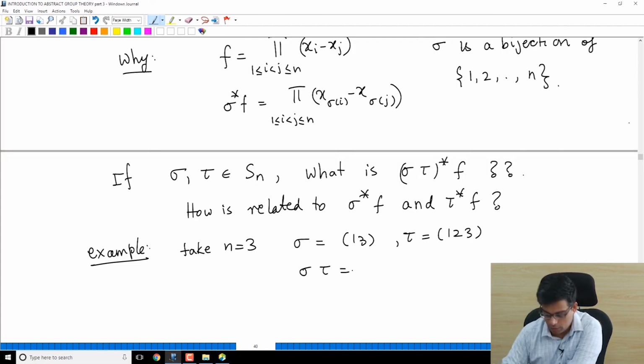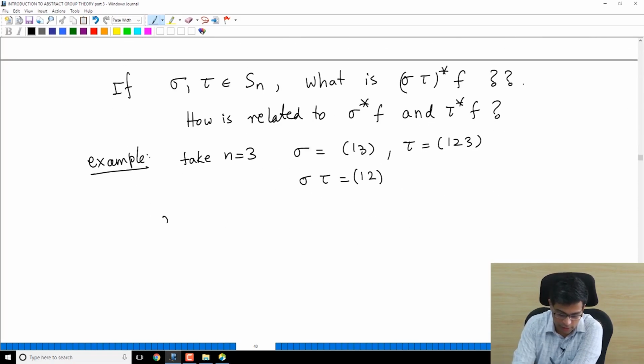We have hopefully become comfortable with products of permutations, cycle products. Here sigma tau: 1 goes to 2, and 2 is fixed by sigma, so 1 goes to 2; 2 goes to 3, 3 goes to 1, so that's 1 2 closed as a cycle; 3 goes to 1, 1 goes to 3. So sigma tau is 1 2.